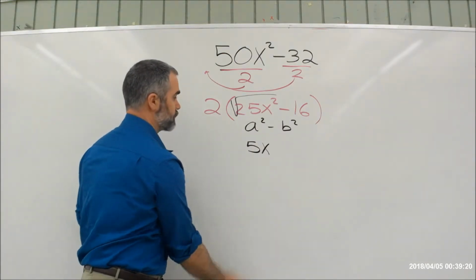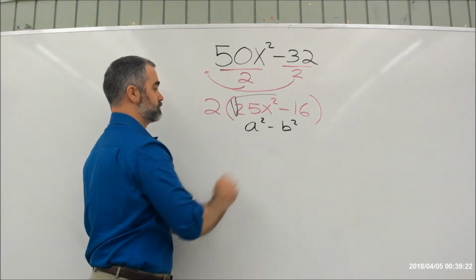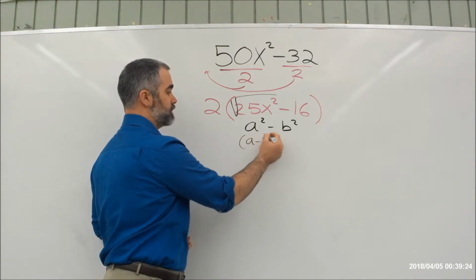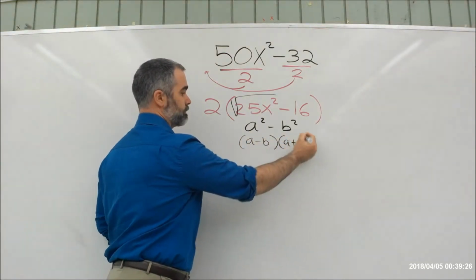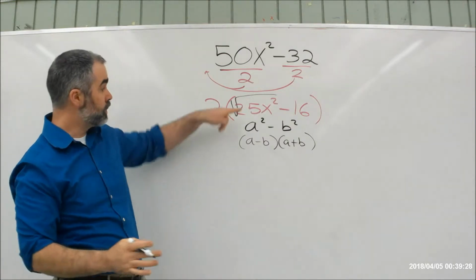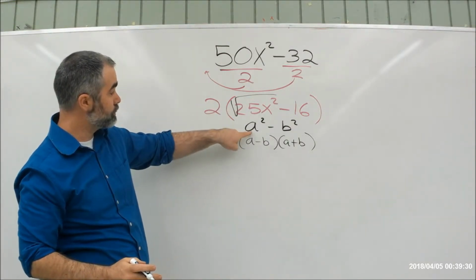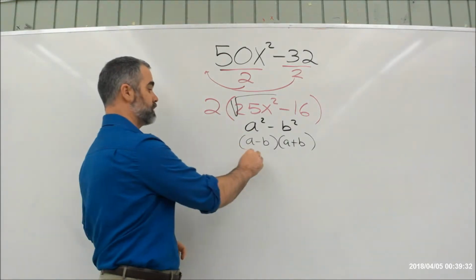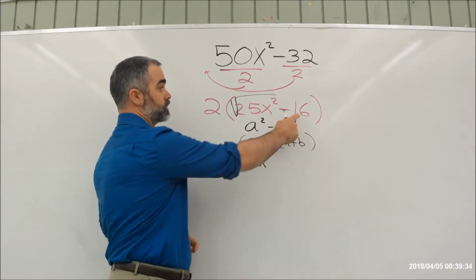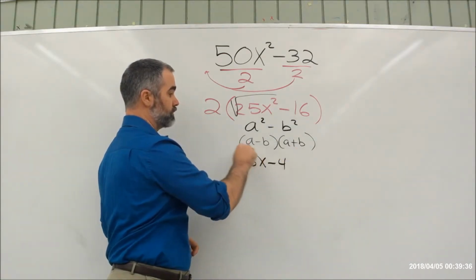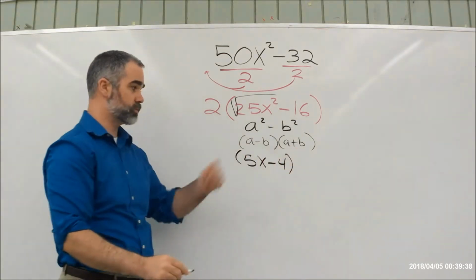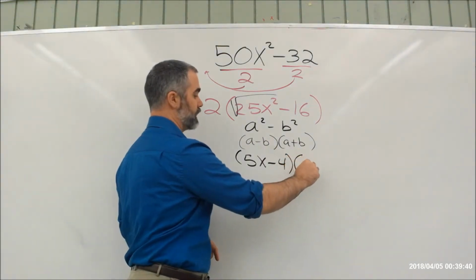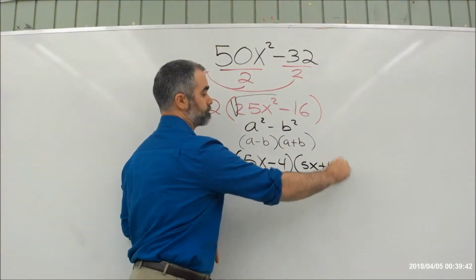Remember, this right here factors to a minus b and a plus b. So when I find the square root of a squared, I get a, which again was 5x. The square root of 16 is 4, so I have a 5x minus 4, and then the other one is going to be 5x plus 4.